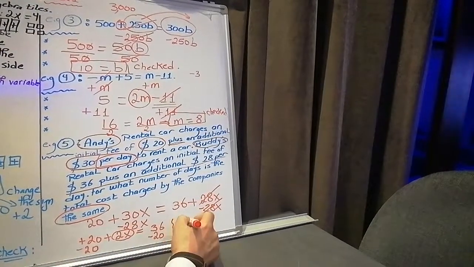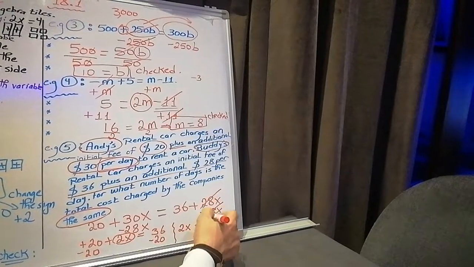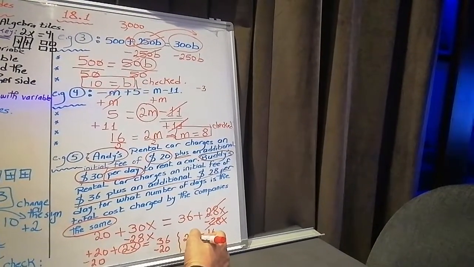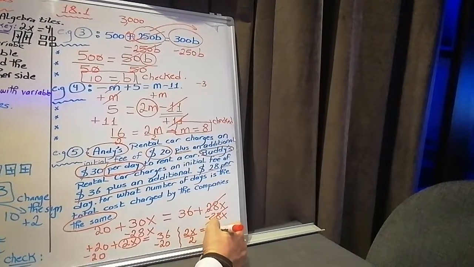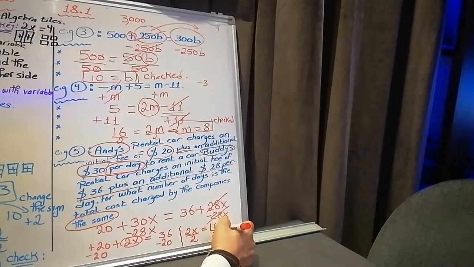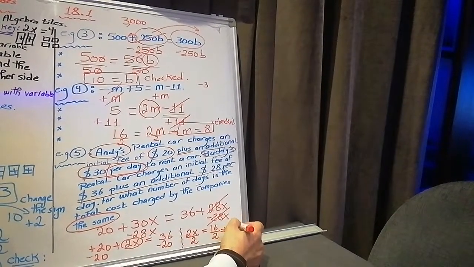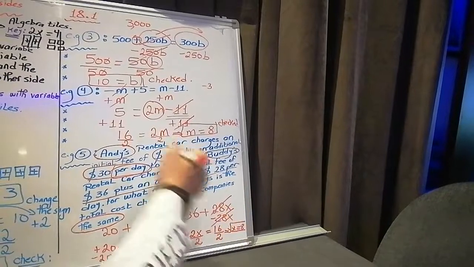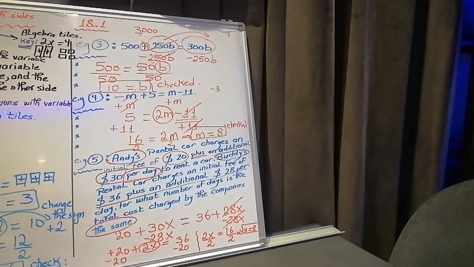And the rest is 2x equals 36 minus 20, which is 16. At the last, we have 2x, which means 2 multiplied by x. The inverse operation of multiply is divide. So I will divide both sides by 2 to keep the balance. In this case, x equals 8. And you can check, of course, just to be sure that you get the right answer.